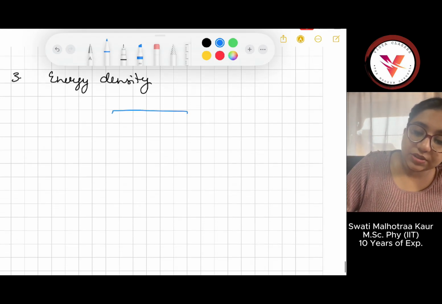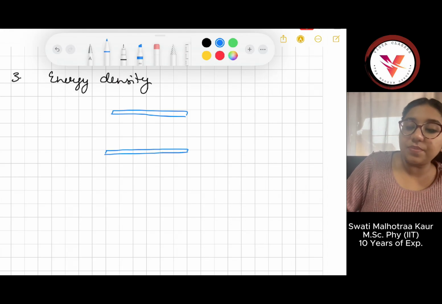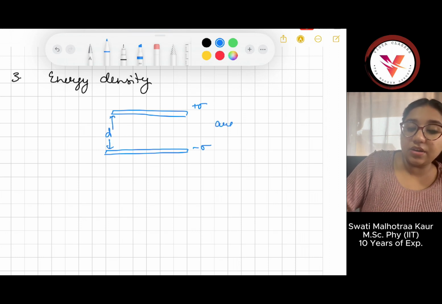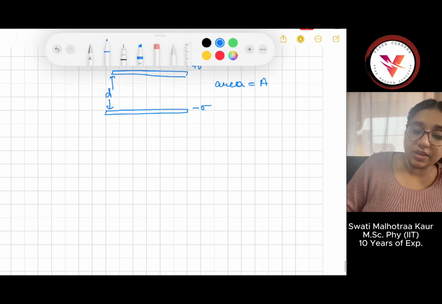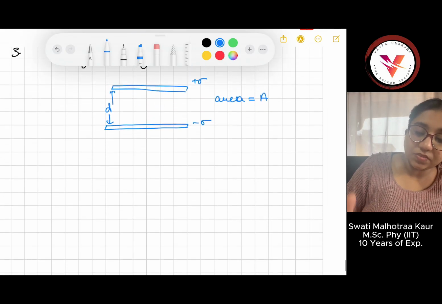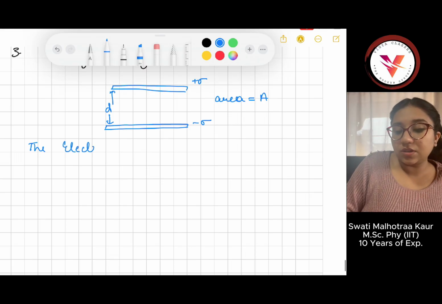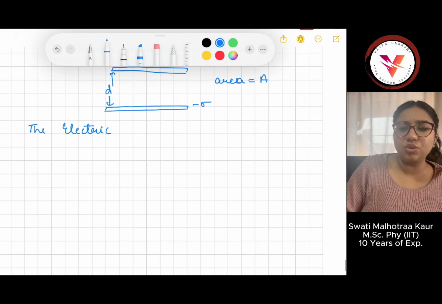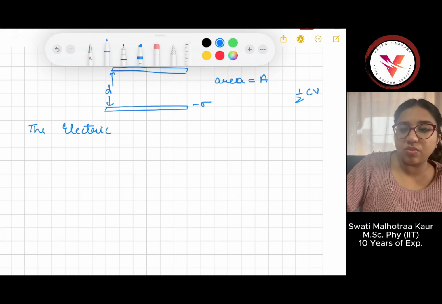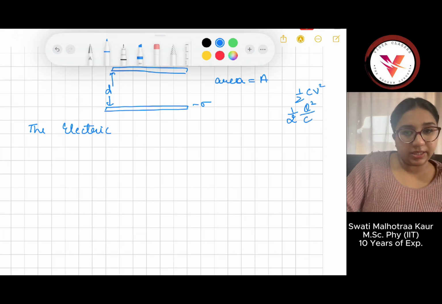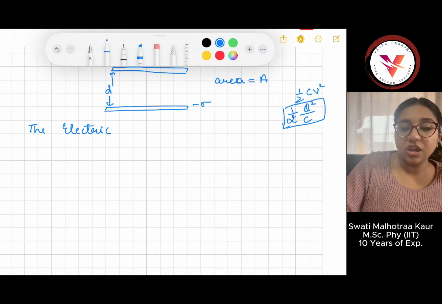So if this is a capacitor, I'm just making a diagram having surface charge density plus and minus sigma separated by distance d, area of cross section A. Then energy is half CV square or half Q square by C. I'm using this half Q square by C for the parallel plate capacitor. All you need to do is find Q and C and just substitute.